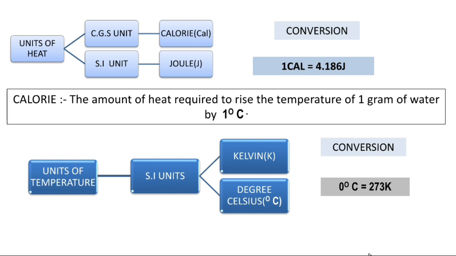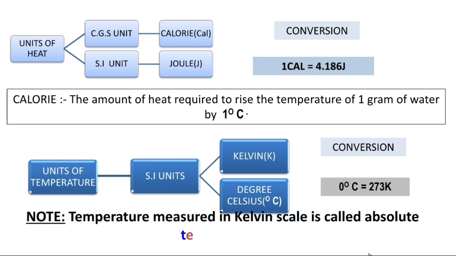A simple way: temperature in Kelvin is equal to 273 plus temperature in degree Celsius. It means add 273 to the value of temperature in degree Celsius to get the temperature on the Kelvin scale. Note, temperature measured on the Kelvin scale is called absolute temperature.